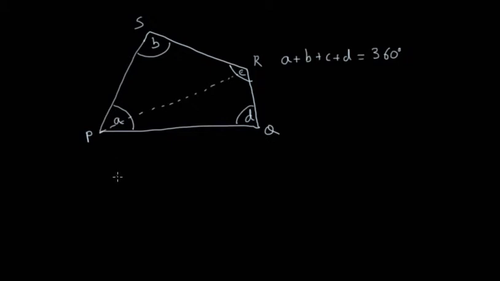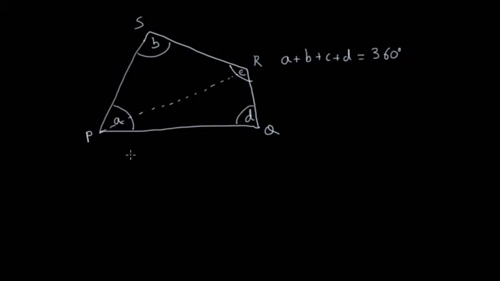So let's think about inside of each of these triangles. The total of the angles P, Q, R, S is equal to the sum of the angles in triangle P, S, R plus the sum of the angles in triangle P, R, Q.